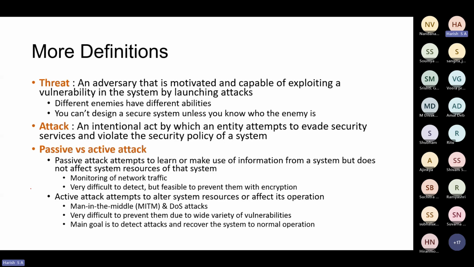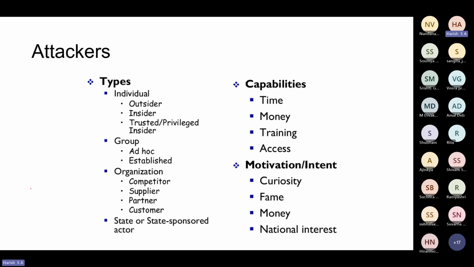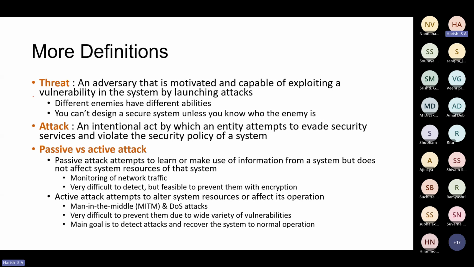So threat, attack, and passive attack. Let's go through these things first. A threat is an adversary that is motivated and capable of exploiting a vulnerability in the system by launching attacks. An attack is an intentional act by which an entity attempts to evade security services and violate the security policy of a system.